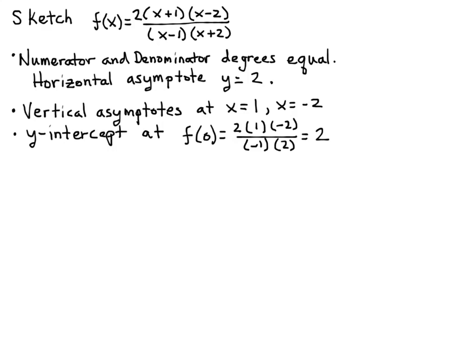If we just plug in 0, we get 2 times 1 times -2 over -1 times 2, so all those x's become 0, and that's what we get. So we have a y-intercept at 2. There's a point that we have. And then the x-intercepts are where the numerator is 0, so that's x equals -1 and x equals 2. Now we have a whole bunch of things that we can put on a plot, and then we can figure out what this whole graph looks like.